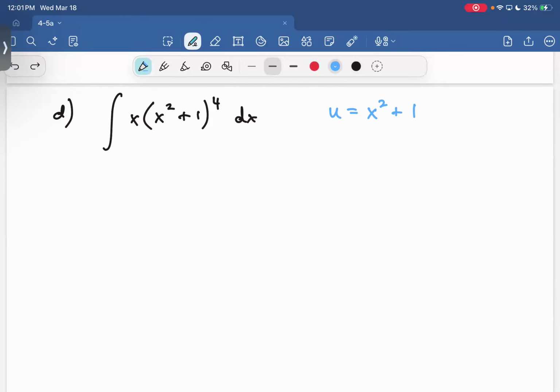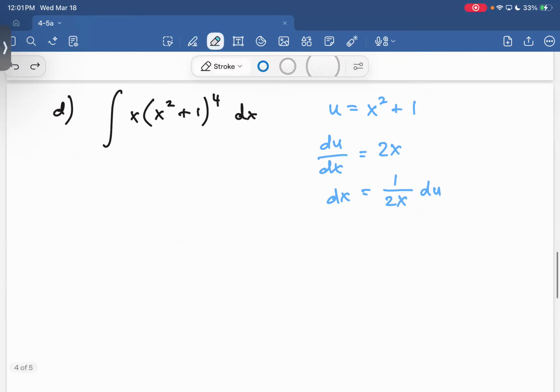Let me show you how things cancel out. This looks very complicated, but if I make a good substitution, it will cancel out. So du/dx is 2x, which means that dx is equal to what? du/dx is equal to 2x, because I took the derivative of u, so that gives me 2x.